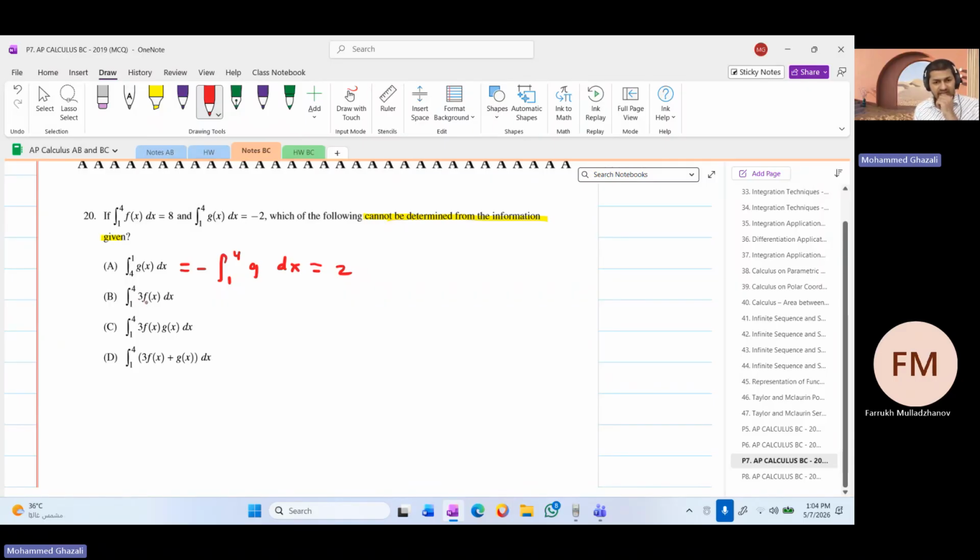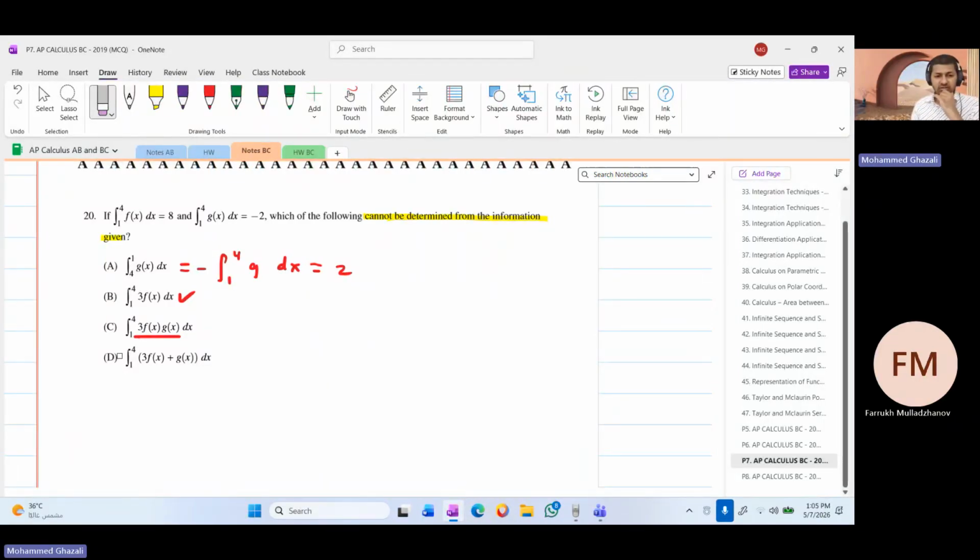3 times f of x, yes. Then 3 times f of x times this is impossible. This is clearly not equal to 3 f of x. Okay? Plus this. So what are you going to do? You can't split it up. It's impossible. So that's the one that's impossible to evaluate. So remember, when you're doing integrals, you can only split integrals into sums and differences.